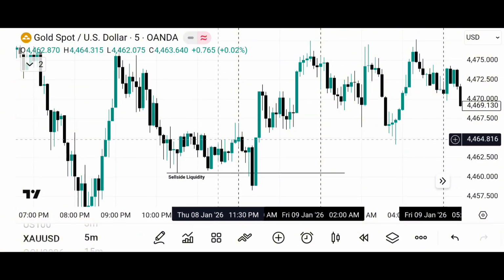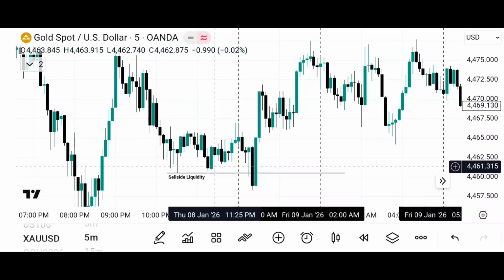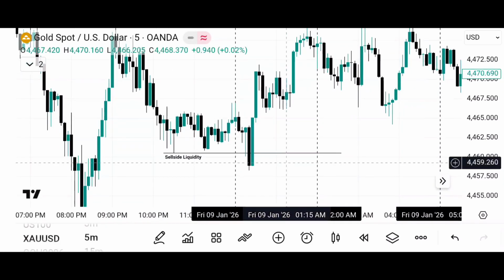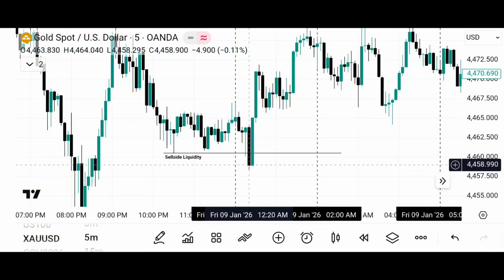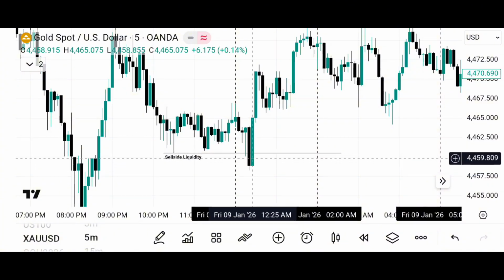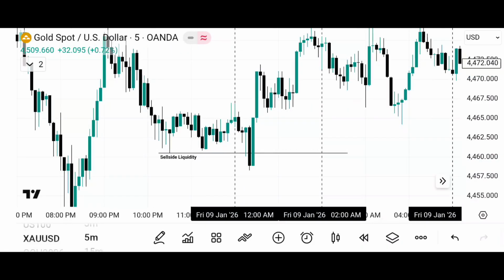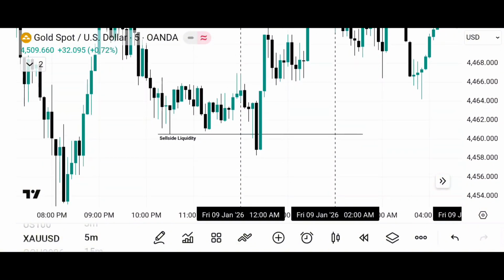Also, retail traders see these lows as a support. So once they see price break a support, they want to sell at the low, they want to continue selling at these lows. They view this as a support.